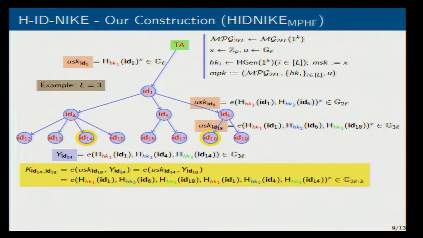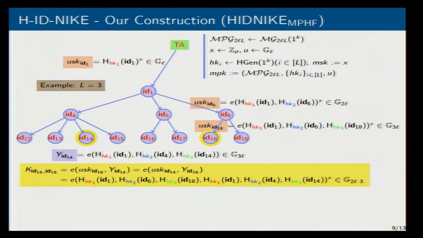Now, the shared key between two users at the bottom of the hierarchy is going to be the multilinear map computation of the hashes of those identities, along with the hashes of all their ancestors, and all of this raised to the power x.